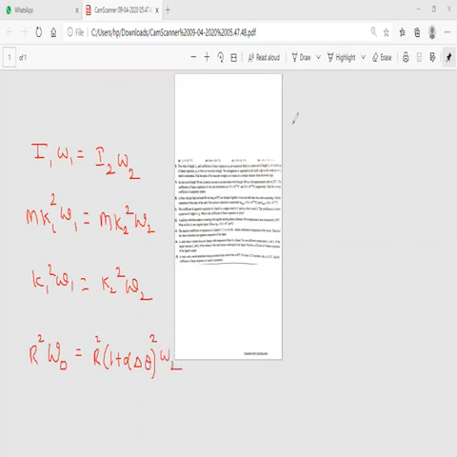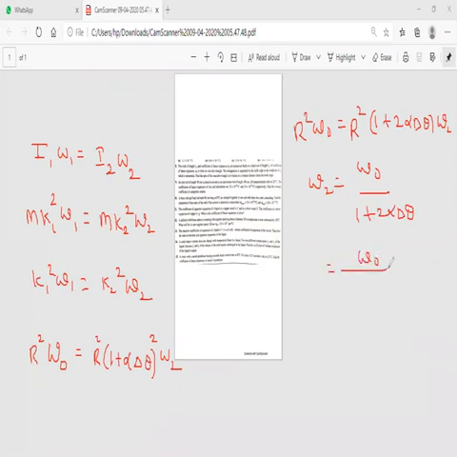Now, R square omega naught equals R square into, as in the previous question, if we consider the approximation, then it will be 1 plus 2 alpha delta theta into omega 2. R square and R square will get cancelled, and then omega 2 will be omega naught by 1 plus 2 alpha delta theta, where the alpha value and delta theta value were given.